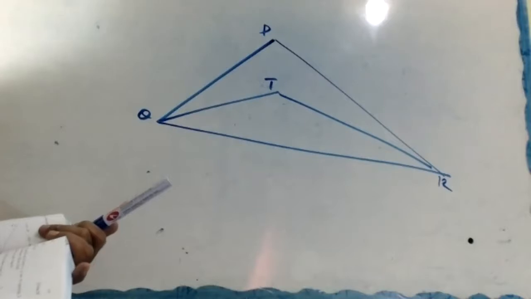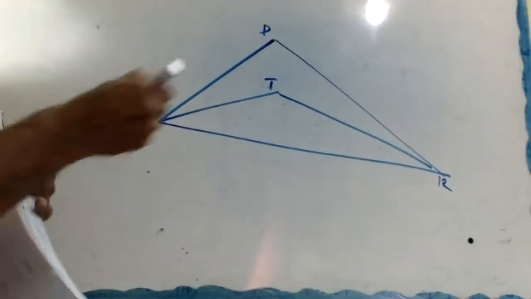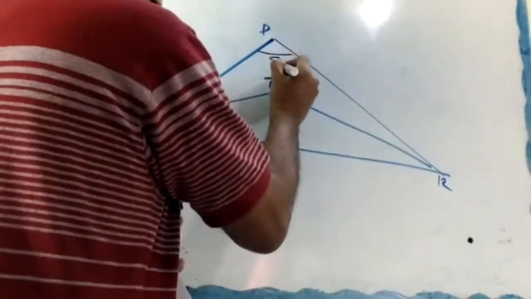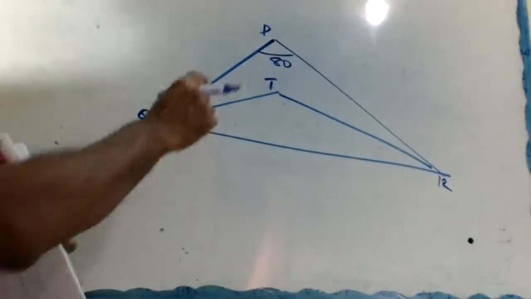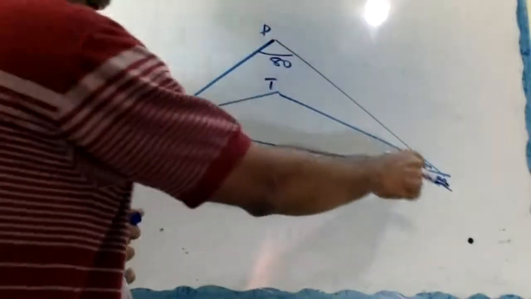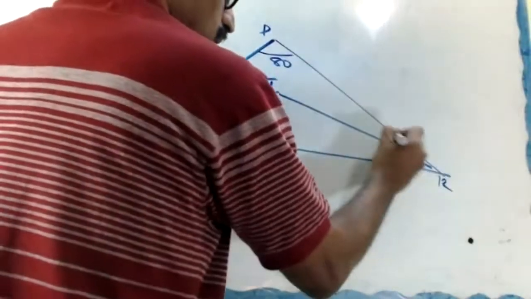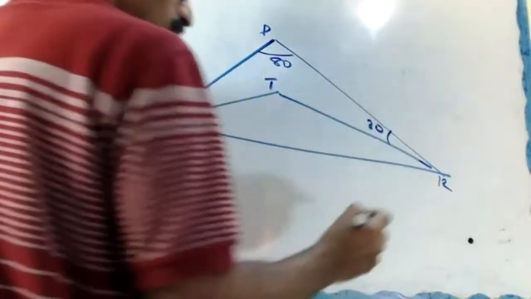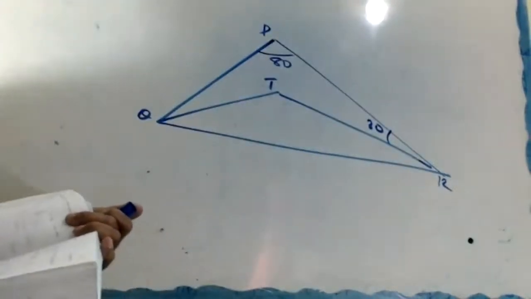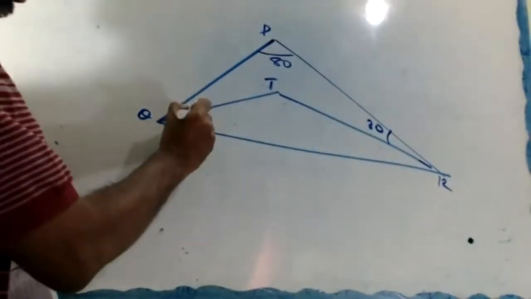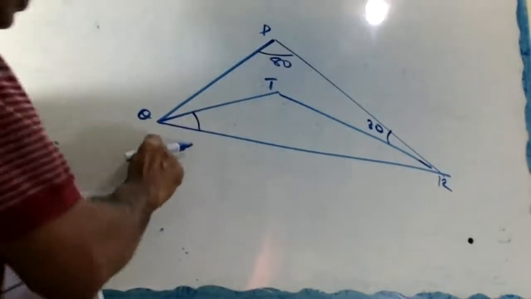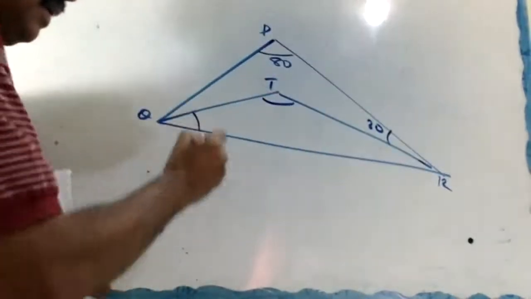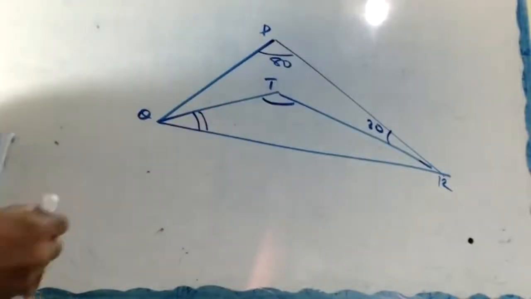If angle QPR is 80, this angle 80, and PRT, this angle, is 30. Find angle TQR, this angle you have to find out, and QTR. These two angles we have to find out.